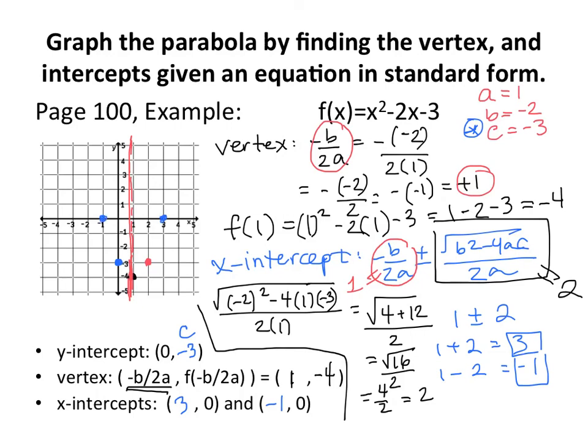If you look at it, both these points are 2 away from the axis of symmetry, so our answer looks reasonable. We're going to complete our graph by connecting these dots, and now we're all done.